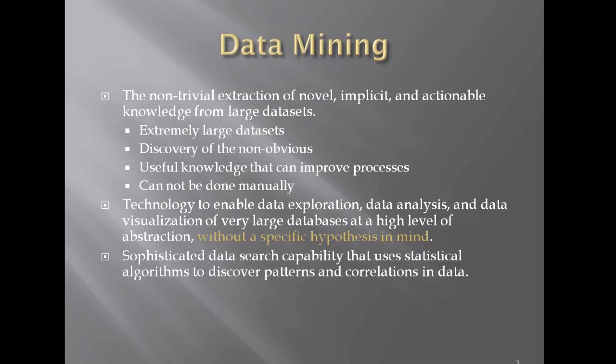In other words, we don't necessarily know. For example, let's say we have an ice cream shop, and we sold two flavors, strawberry and vanilla. We know we sold a lot of it, but we don't know necessarily why and to whom. Data mining will help us search using statistical algorithms.